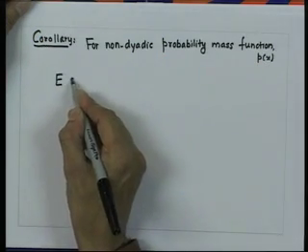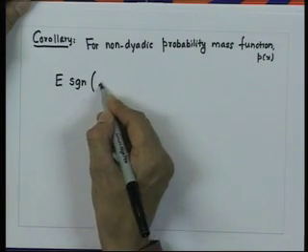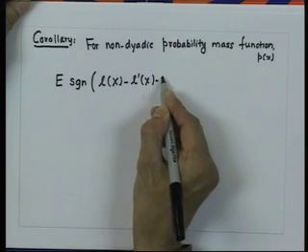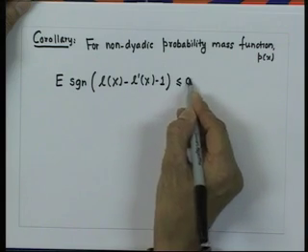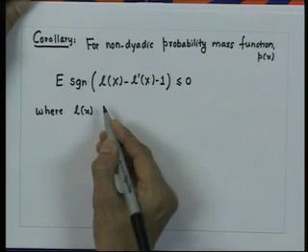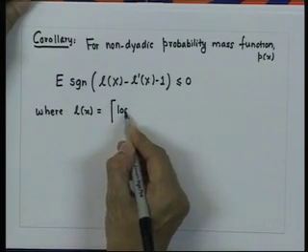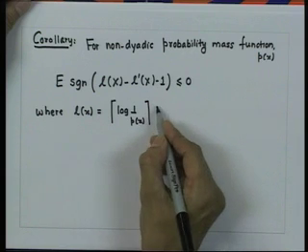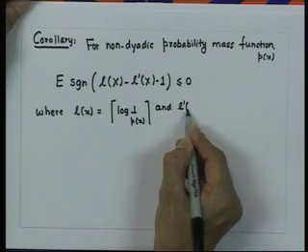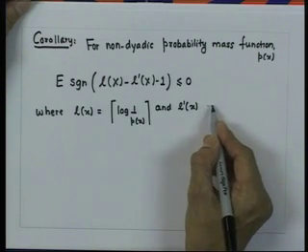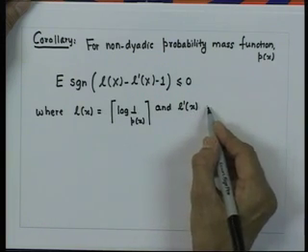expectation of signum Lx minus L dash x minus 1 is less than or equal to 0, where Lx is the upper floor, the ceiling, of log of 1 by Px, and L dash x corresponds to the code word length for the source, but this is another uniquely decodable code.